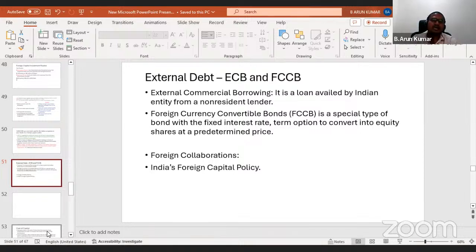In this particular bond certificate, we mention how much the rate of interest is, and also in how much time period we convert this bond into equity shares. These details are mentioned in that certificate. This certificate we call foreign currency convertible bonds.